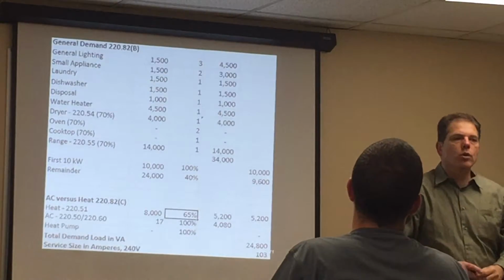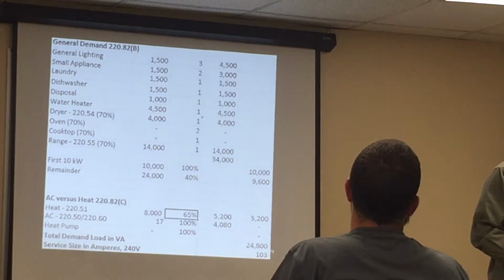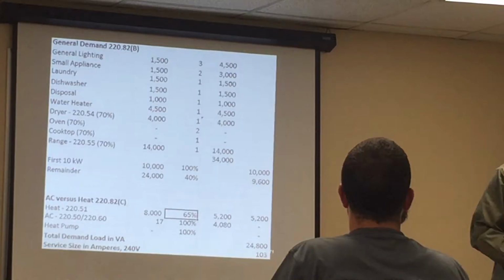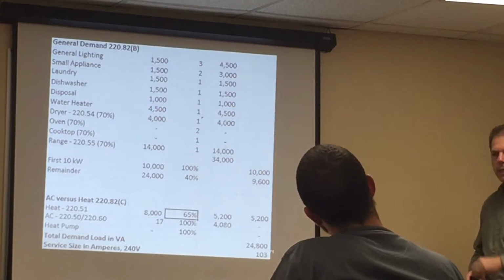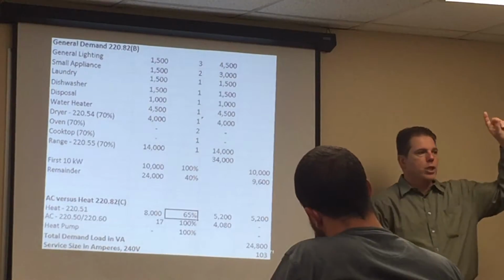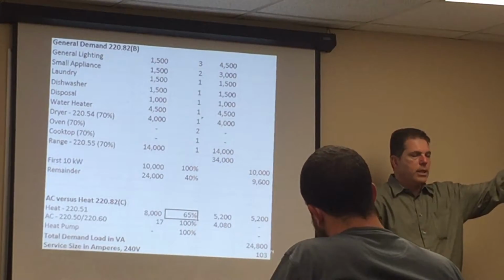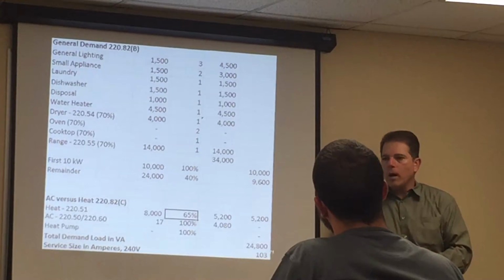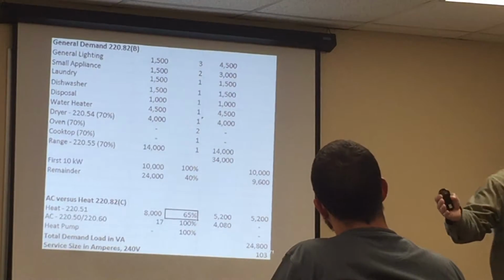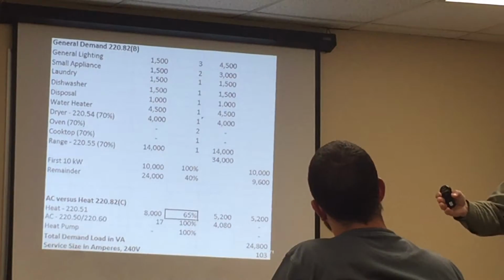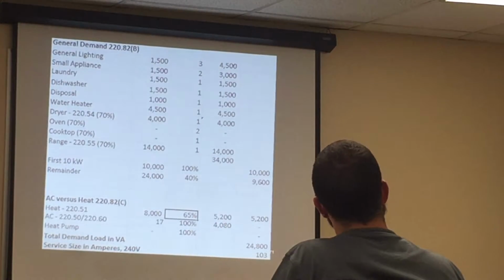And then now let's go to 220.82(C). At 220.82(C), this question was very simple, wasn't it? It says there's an air conditioner and there's a heater. It didn't give us any information about a heat pump. It didn't give us any information about multiple thermostats, right? We've got an option here.